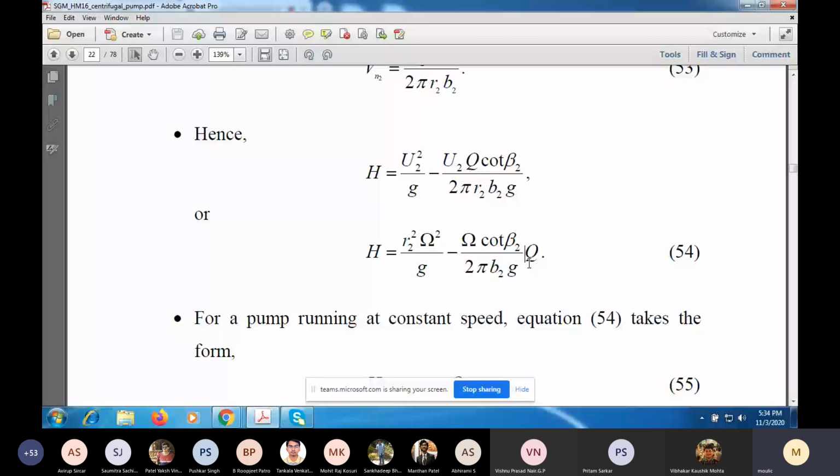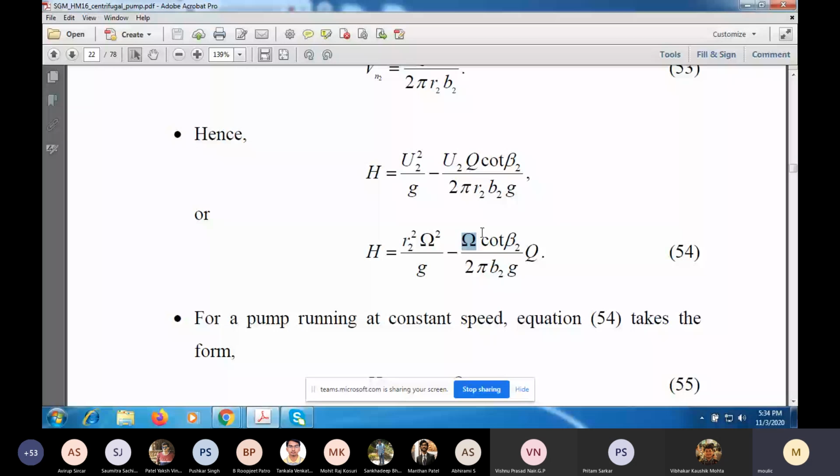Now the pump will be run by an electric motor, which will run at a synchronous speed. So the speed omega, angular speed, will be constant. So the first term will be constant here, and the blade angle of course is constant, v2 is constant. So the slope of the curve will be constant.